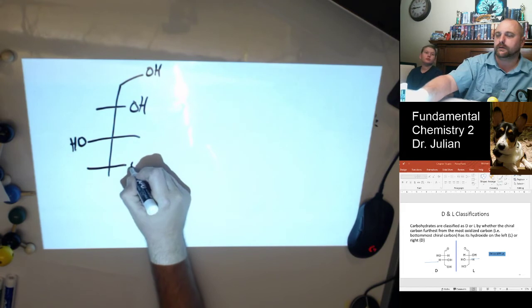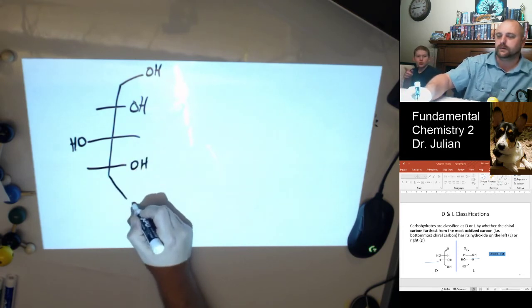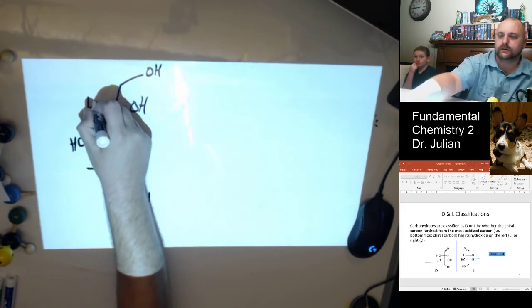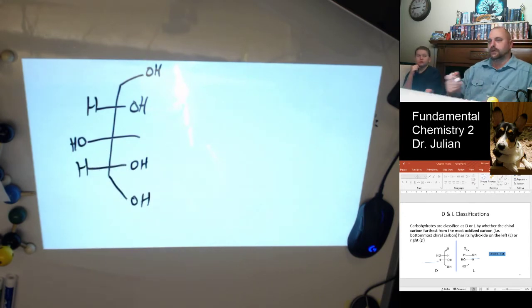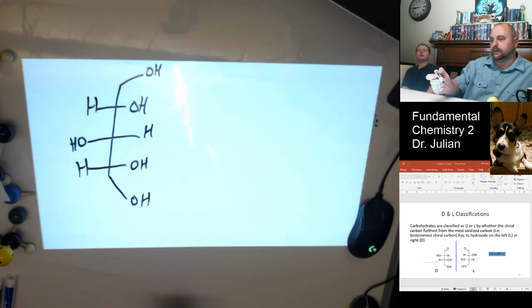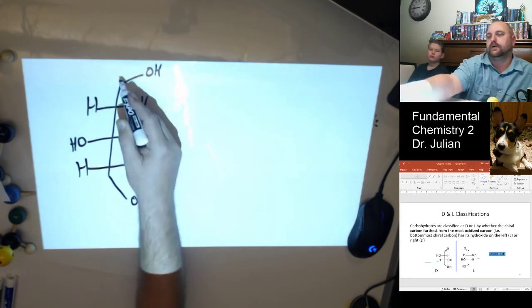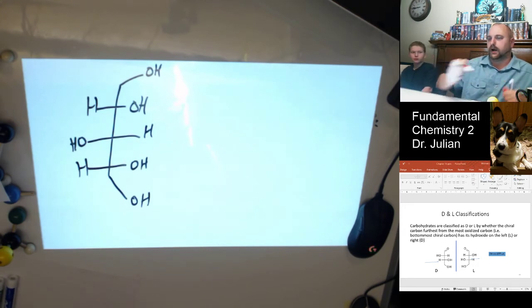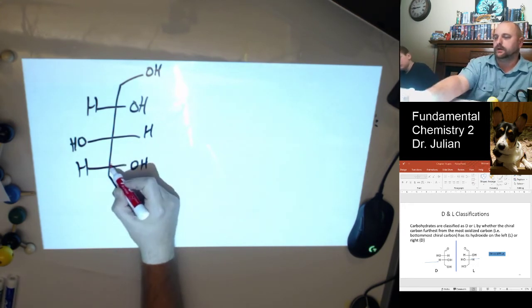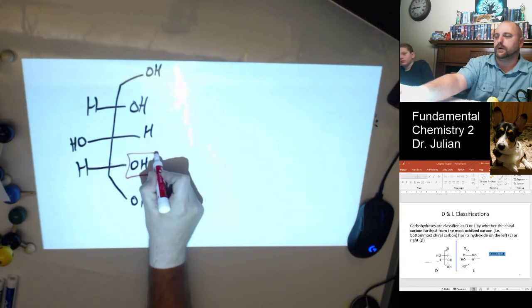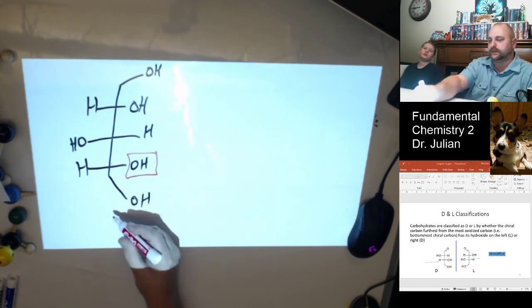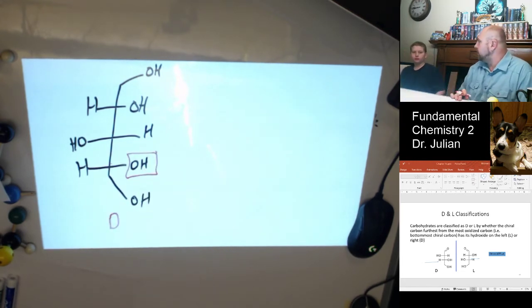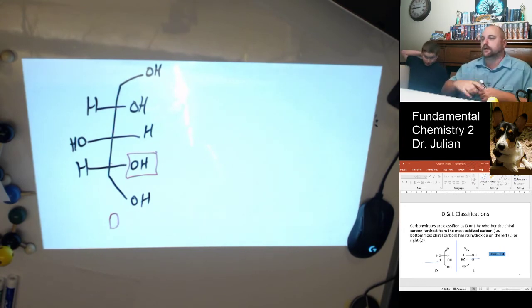It only matters what's going on at the bottom chiral carbon. So this one, we're looking at this OH. Good. And you said it's a D because it's on the right. Yes, it's a D.